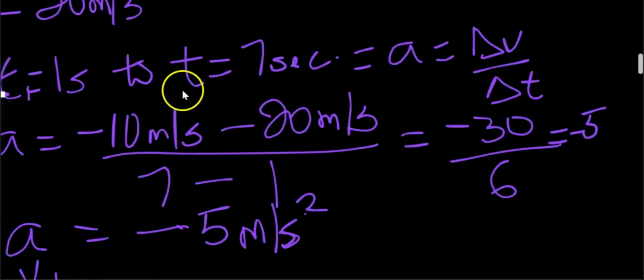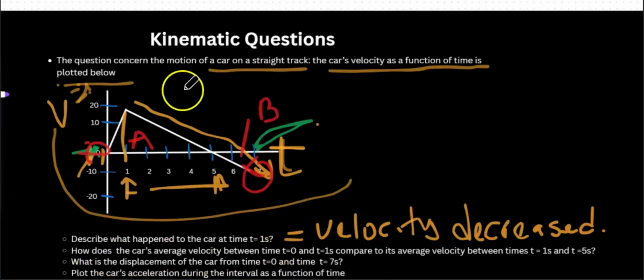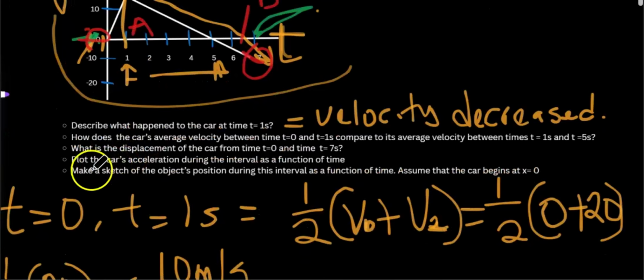All right, let's look at the other question. Make a sketch of the object's position during this interval as a function of time, assume the car begins at x equals 0.